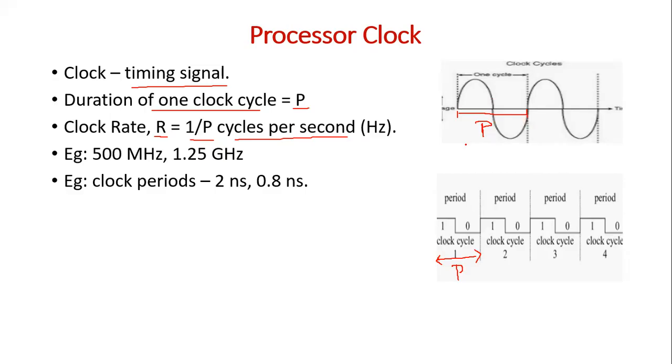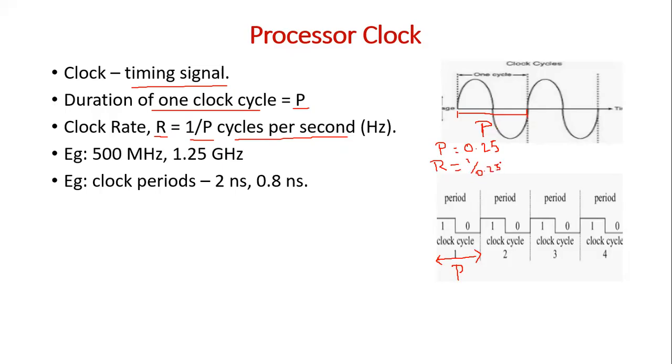For simplicity, let us assume that this P value is 0.25. Then what will R be? R will be 1 by P, that is 1 by 0.25, which is nothing but 4.